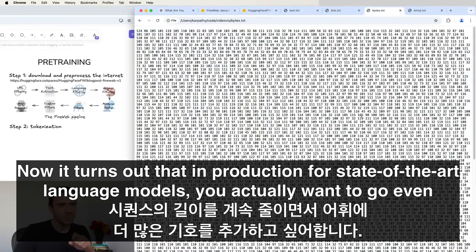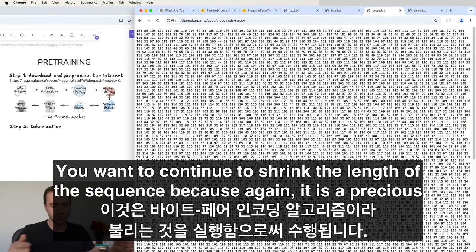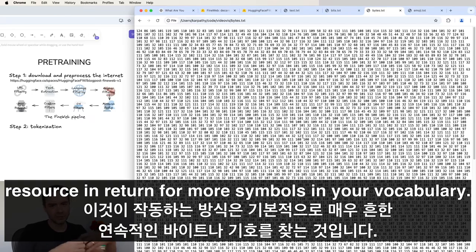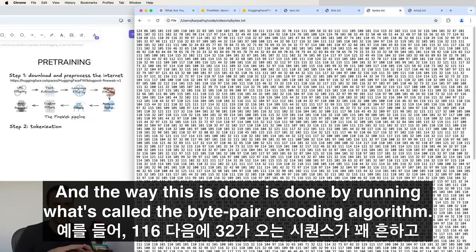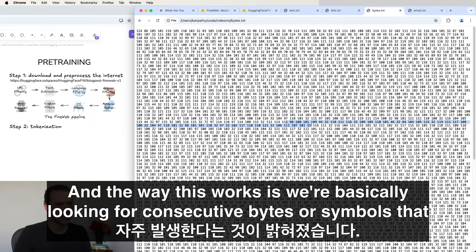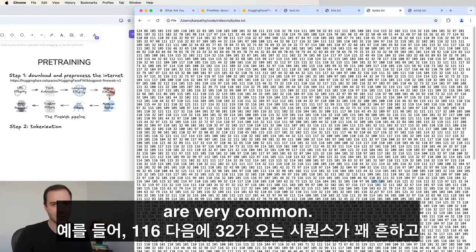Now, it turns out that in production for state-of-the-art language models, you actually want to go even beyond this. You want to continue to shrink the length of the sequence because, again, it is a precious resource, in return for more symbols in your vocabulary. And the way this is done is by running what's called the byte pair encoding algorithm. The way this works is we're basically looking for consecutive bytes or symbols that are very common.